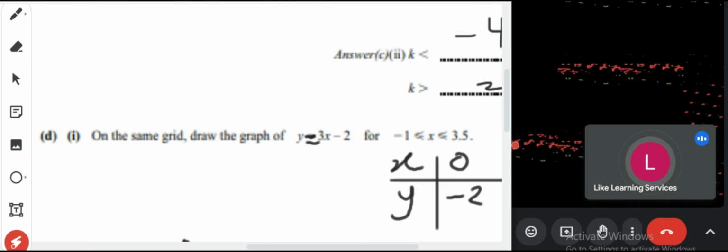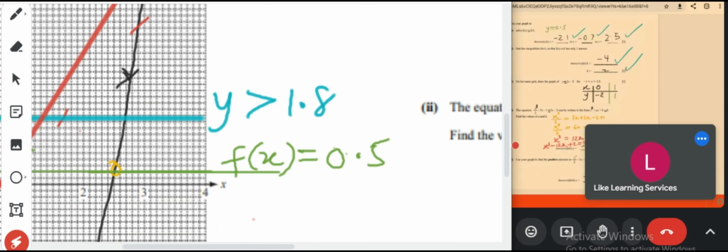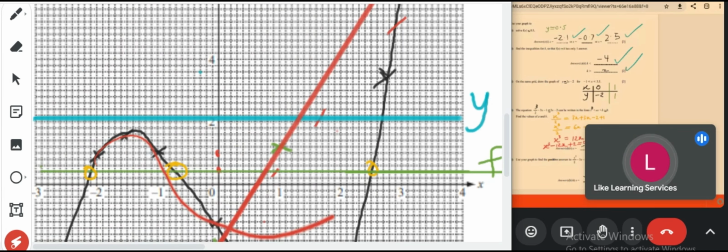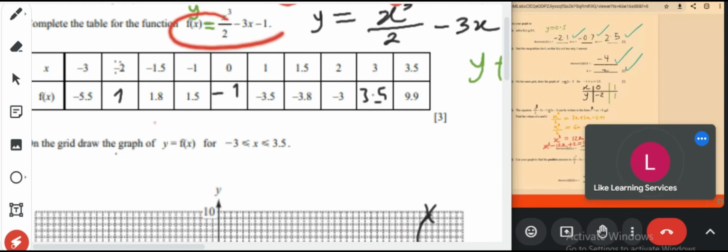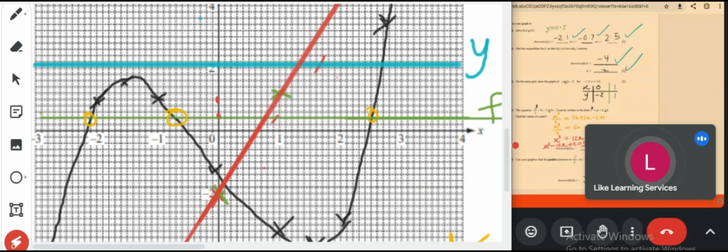You plotted a second graph after the first graph. In fact, this first graph is this equation, the curve, and the second one is the straight line in red.